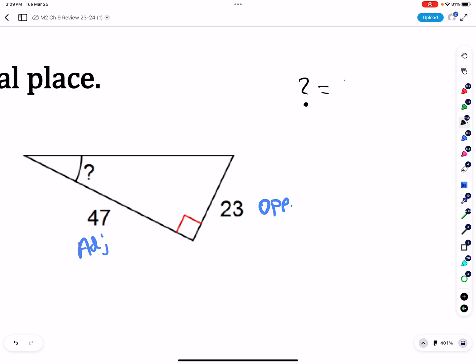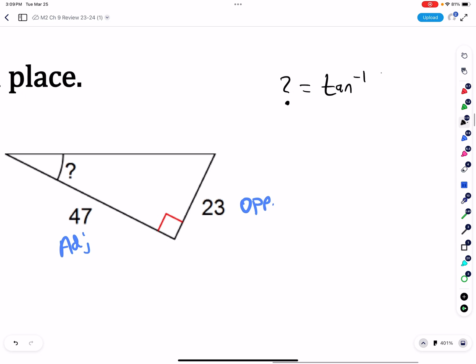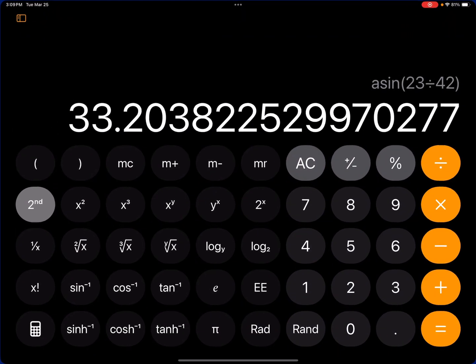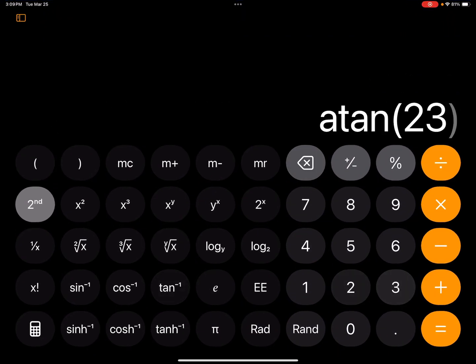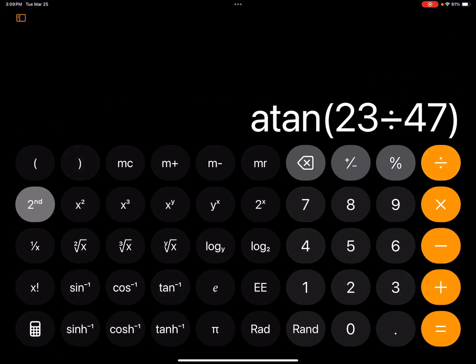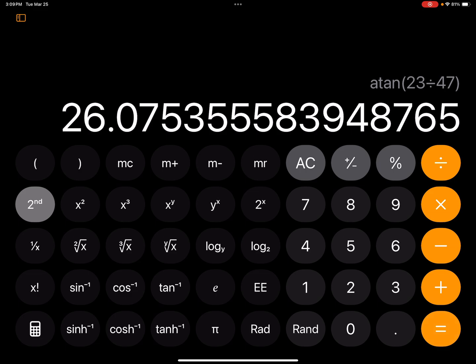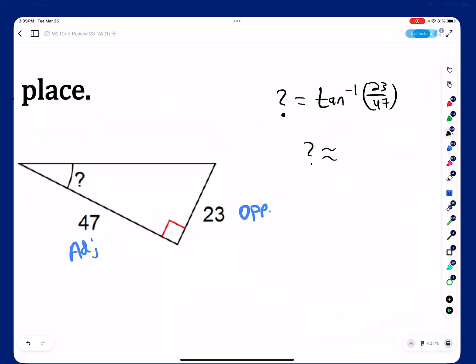So my missing angle is equal to the inverse of tangent of 23 over 47. So tangent⁻¹ of 23 over 47, which means it's 26.08 degrees.